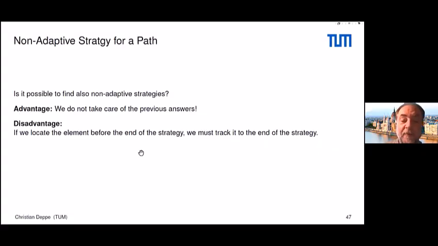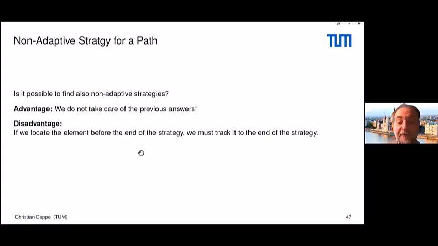If we get a yes when we ask for 2 elements, we can stop because we can give 4 positions where the element is located. But in the worst case, we need n questions. But if we do a non-adaptive strategy, we always have to ask n questions.